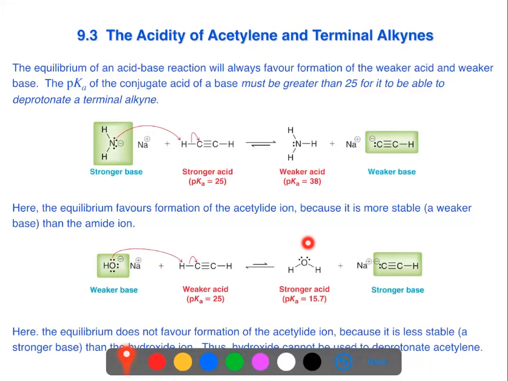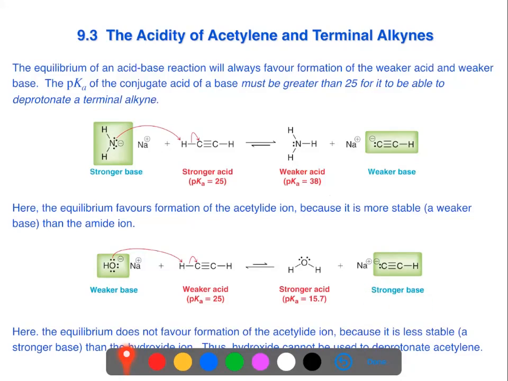Because the pKa of water is lower than the pKa of the original alkyne, this reaction will not favor the formation of the products on the right side. The equilibrium will favor the formation of the weaker base and the weaker acid. So in this example, sodium hydroxide is not strong enough to deprotonate a terminal alkyne to form the alkanide.